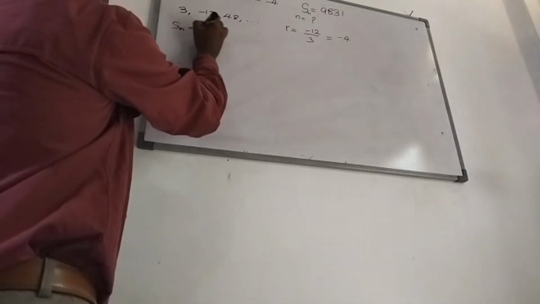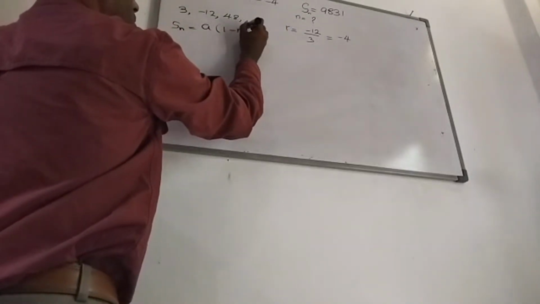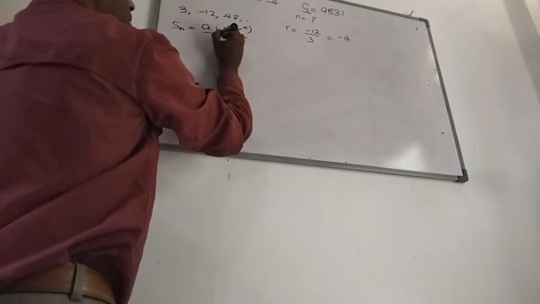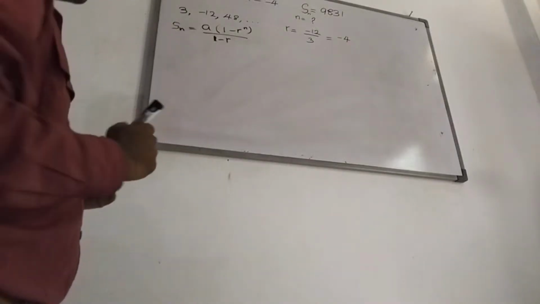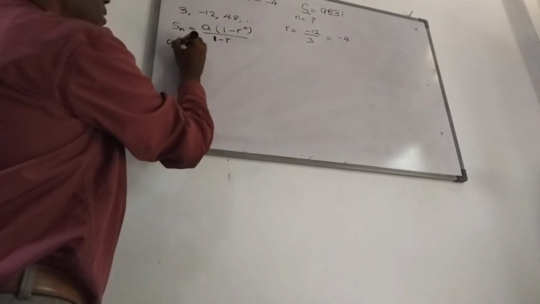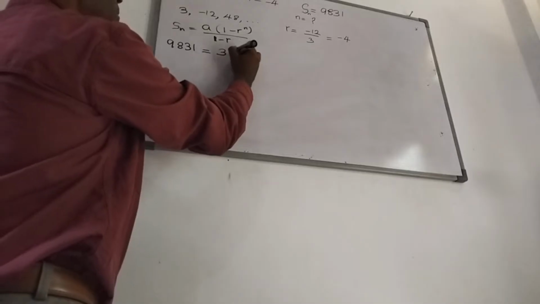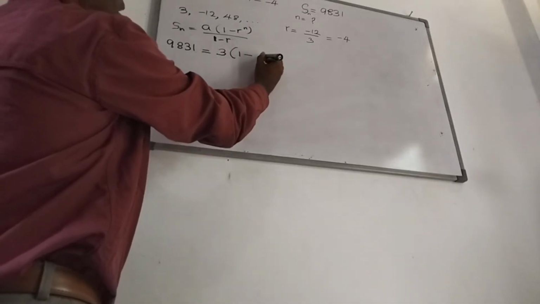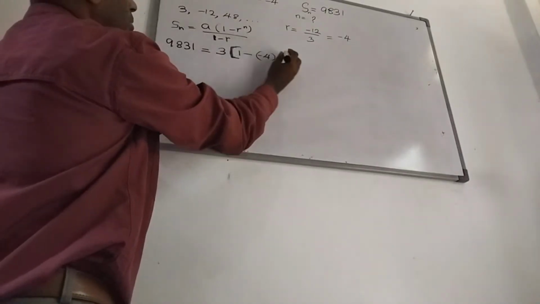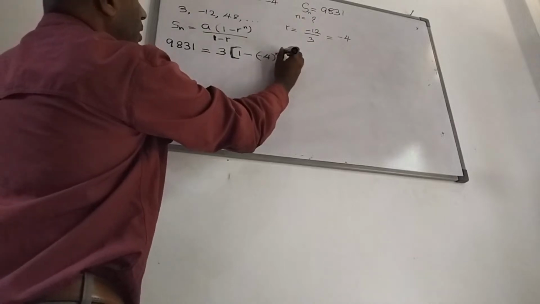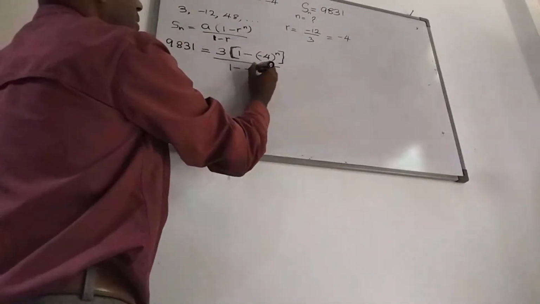Sn formula, for r less than 1: a times 1 minus r to the power n, divided by 1 minus r. Then Sn, 9831 equals a, which is 3, brackets 1 minus r, which is negative 4, to the power n, divided by 1 minus negative 4.